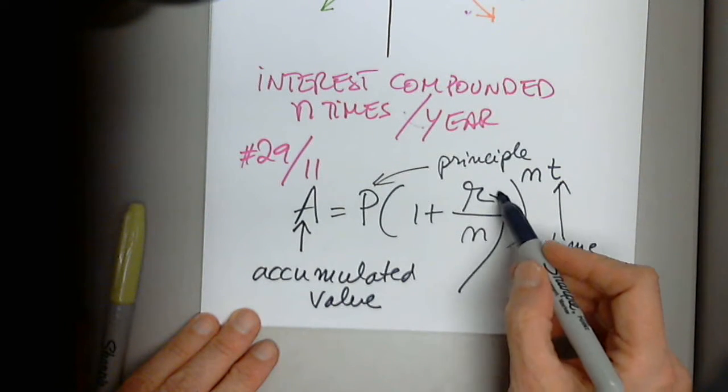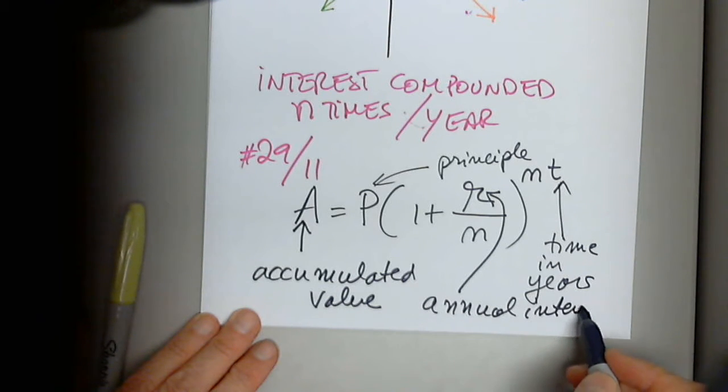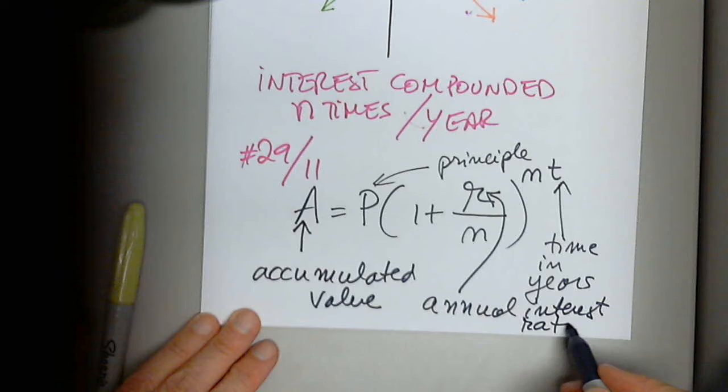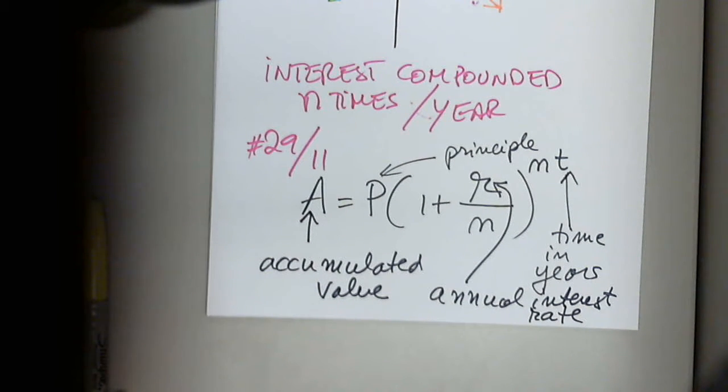R is the annual interest rate. One more time. A is the accumulated value. P is the principal. N is the number of times we compound interest per year. T is the time in years. R is the annual interest rate.